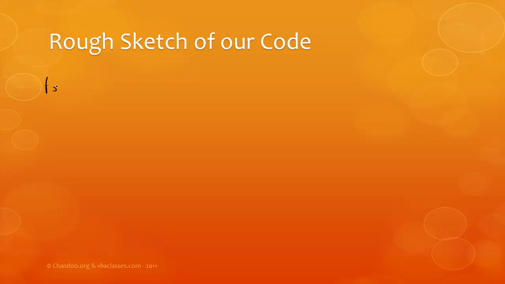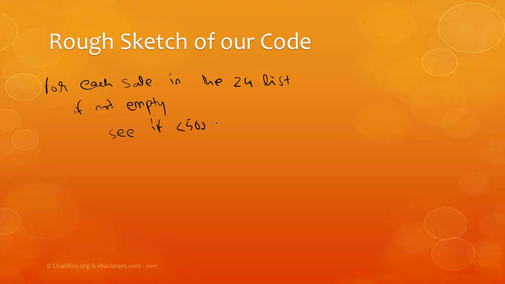Essentially, for each sale in the 24 list, for each of the 24 items, what we wanted to do is, if not empty, that means if the store has some value in it, then see if it is less than 500 or more than 5000, right?